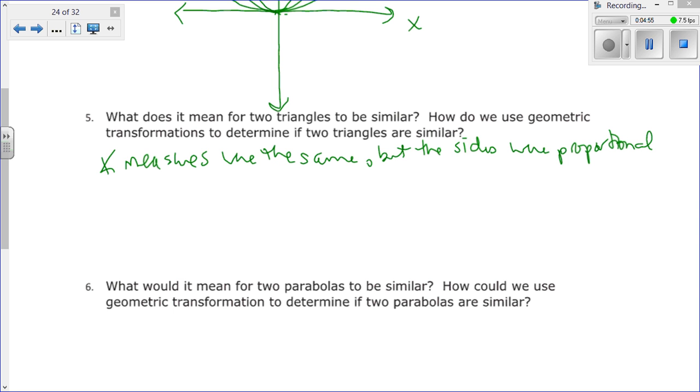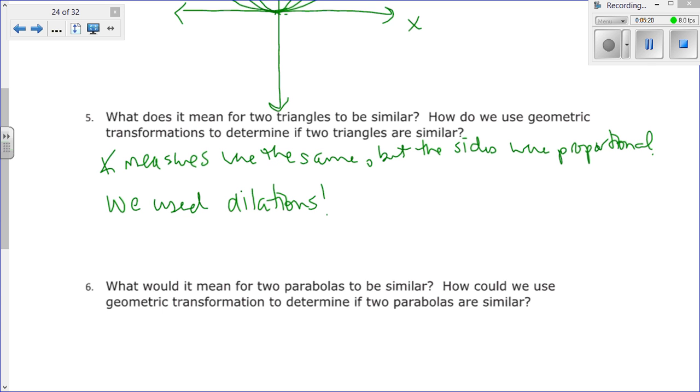To determine this using transformations, we used dilations. So two figures are similar if a sequence of transformations would take one figure onto the other one.